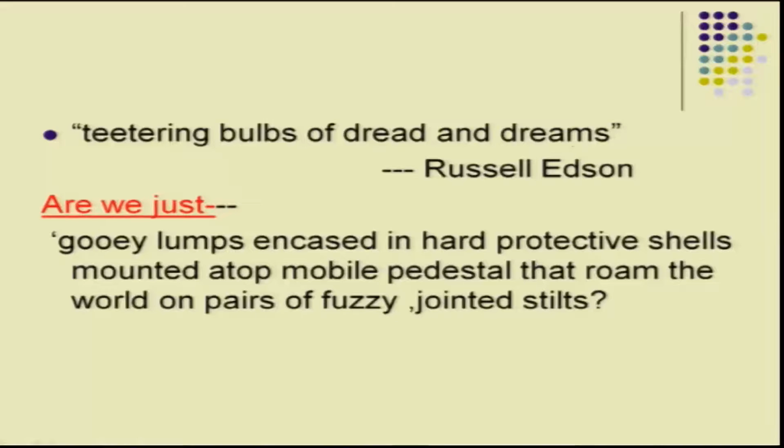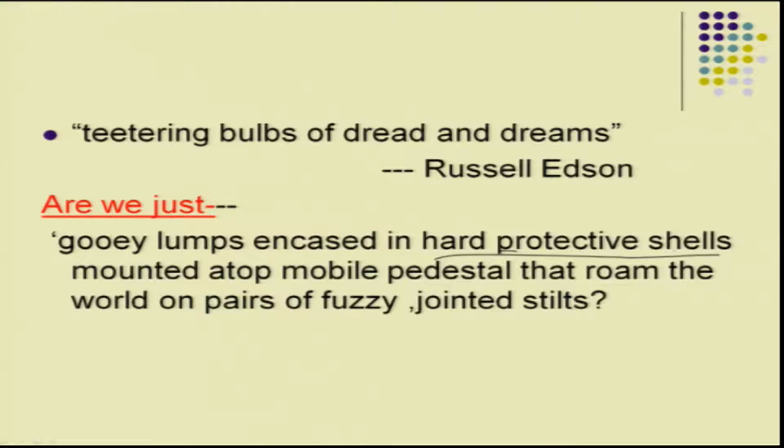There is a sudden dread, but at the same time, to counter this dread are dreams. As I was saying, there is a risk, there is a dread, and there is resilience also. This resilience also is giving you dreaming. So, what are we? Are we just gooey lumps encased in hard protective shells, which is the brain?